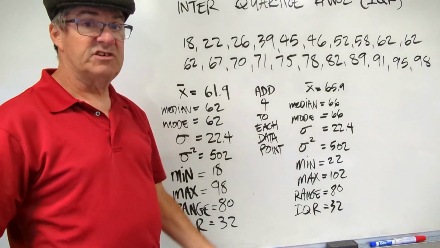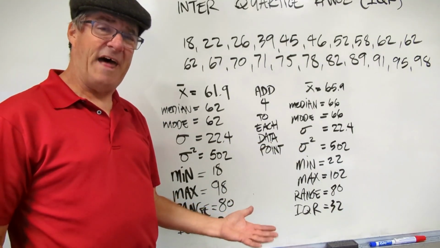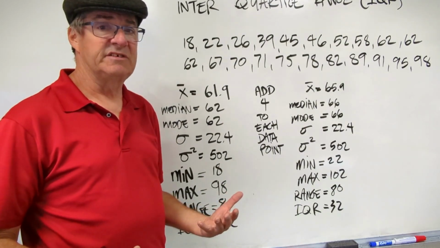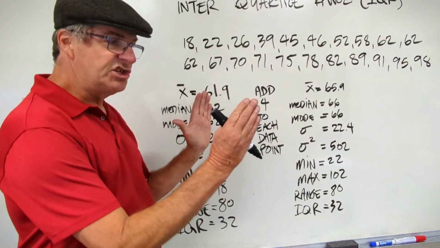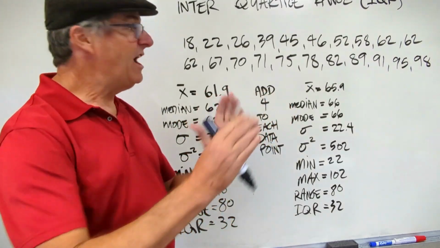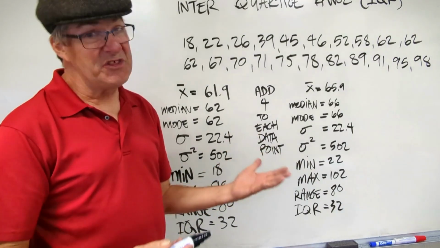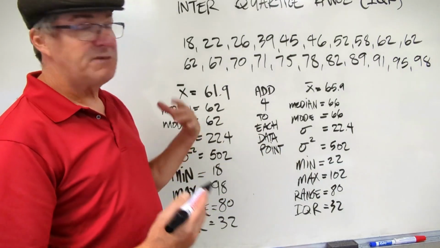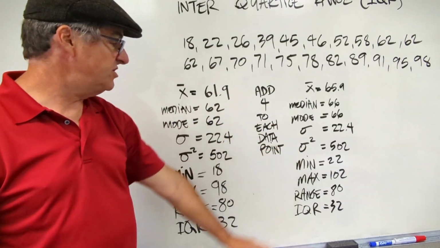Now, my standard deviation stayed the same. Now, think for a minute. Why would that be? Why wouldn't that increase? Well, it's because my data just shifted 4 higher. Every number is 4 higher. So the spread is still the same. It's still the same characteristics of the spread. So standard deviation and variance did not change.